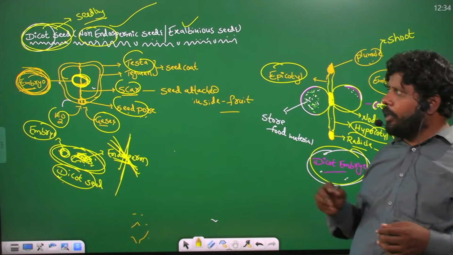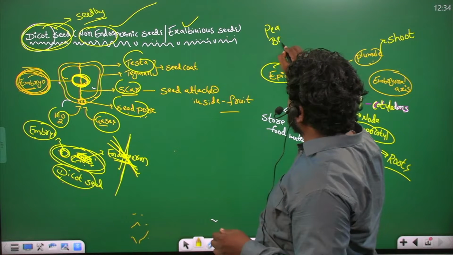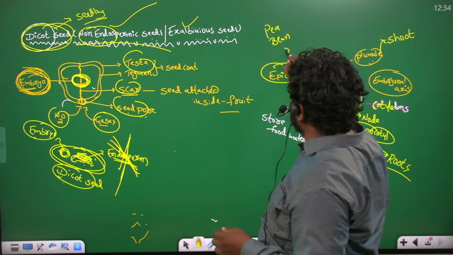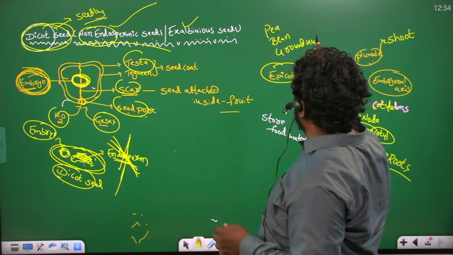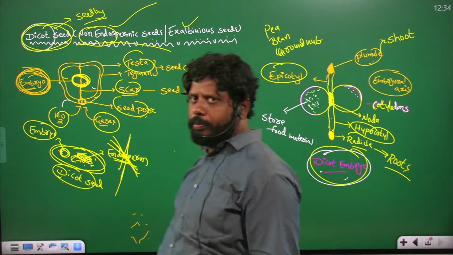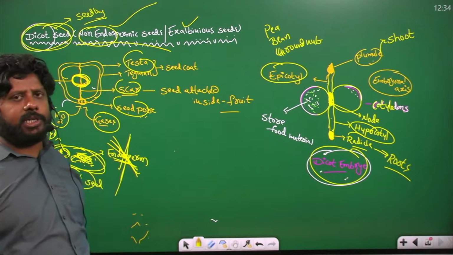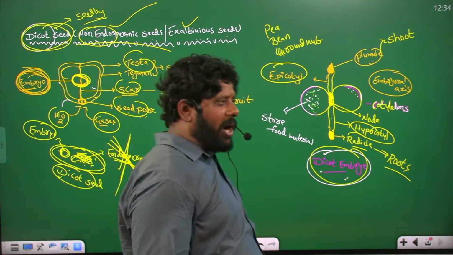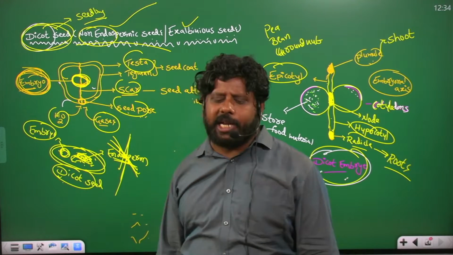Clear? Pea is the best example. Bean is the best example. Groundnut, peanut, Arachis hypogaea, is the best example of a dicot seed. So this is the structure of a dicot seed. Why is endosperm absent in dicot seed?